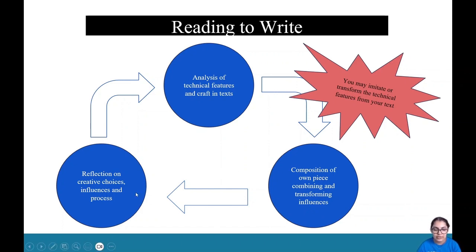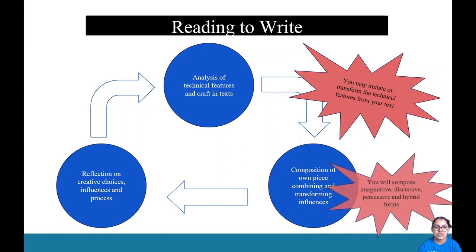So the key here is that after reading a text, you can either imitate or you can transform the technical features of that text. So what that means is you can either use the techniques in the same way that they have been used in the original text, or you can change those techniques in the way they're used in your text to achieve a specific meaning.